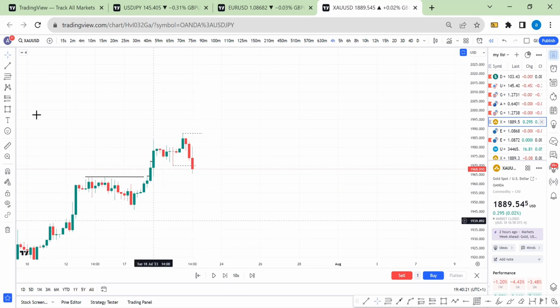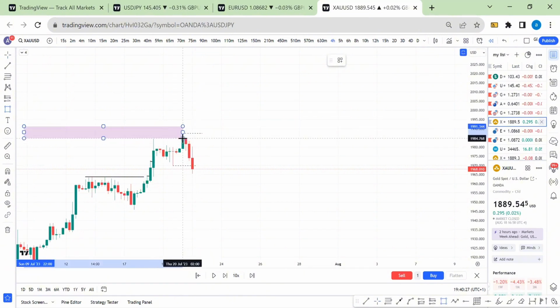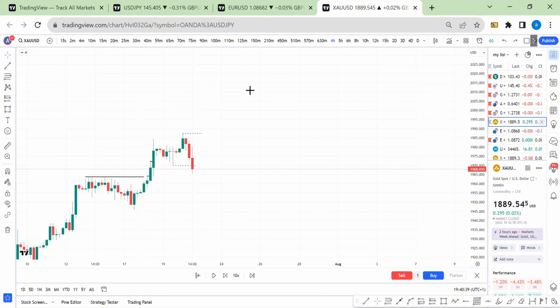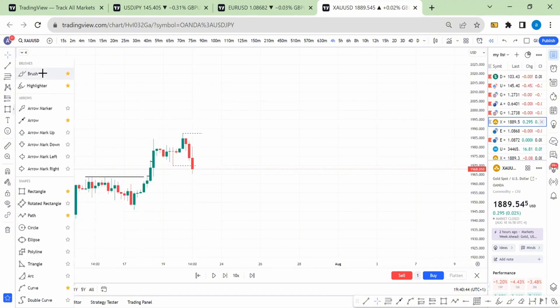Depending on where price is coming from, if price is coming from a strong higher time frame zone from the left, we can look to trade from this range, but it's better to wait for swing.